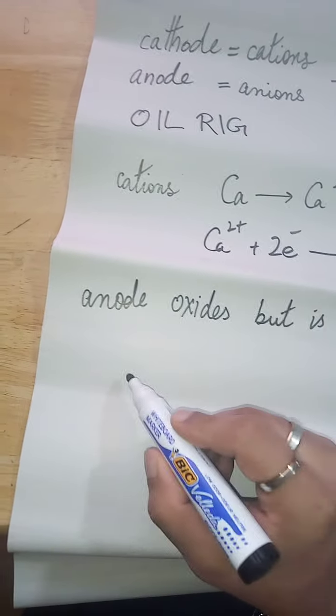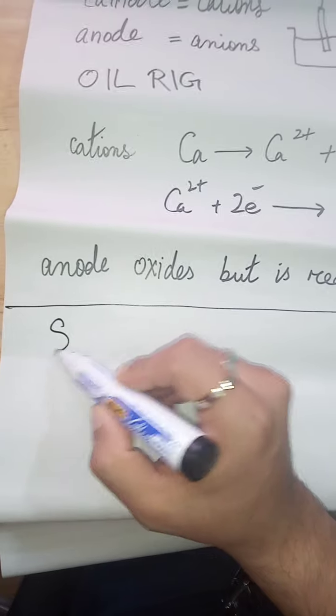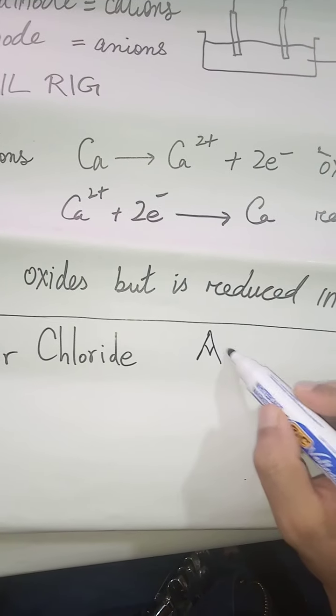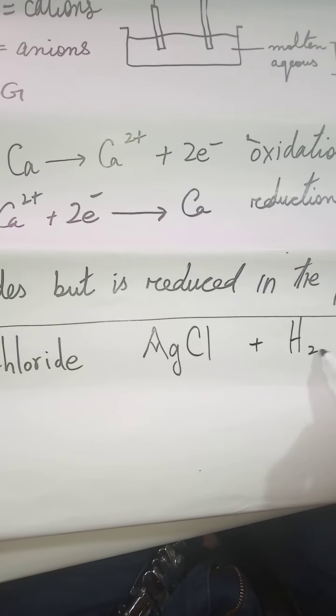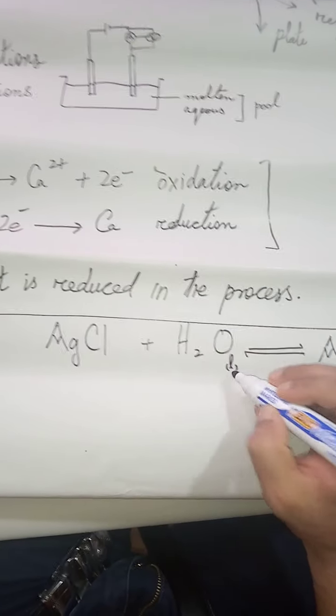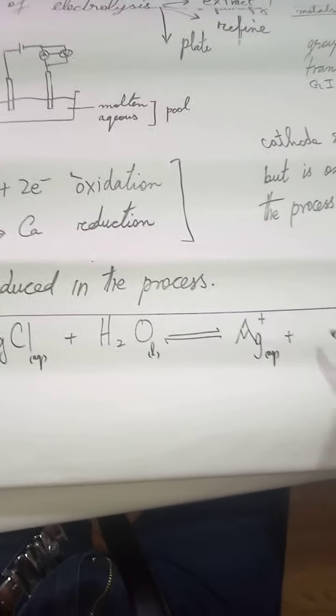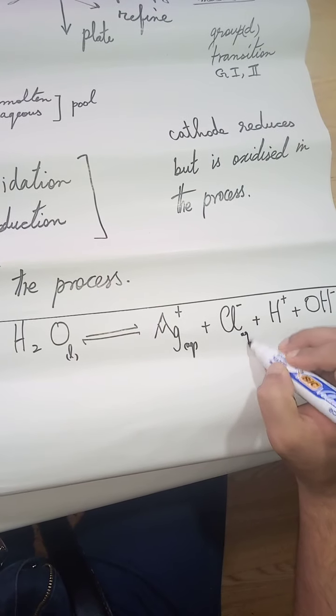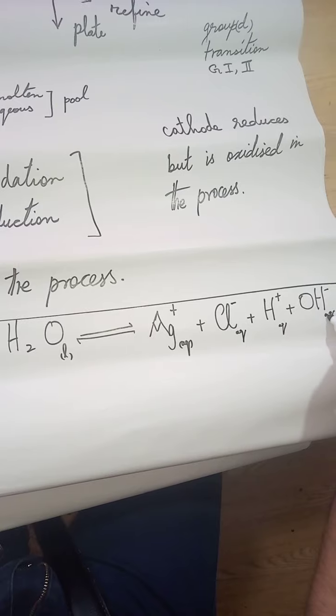Now, if you were doing electrolysis of silver chloride in aqueous solution, AgCl plus H2O, then you'd have Ag aqueous, Cl, H and OH, all of them aqueous.